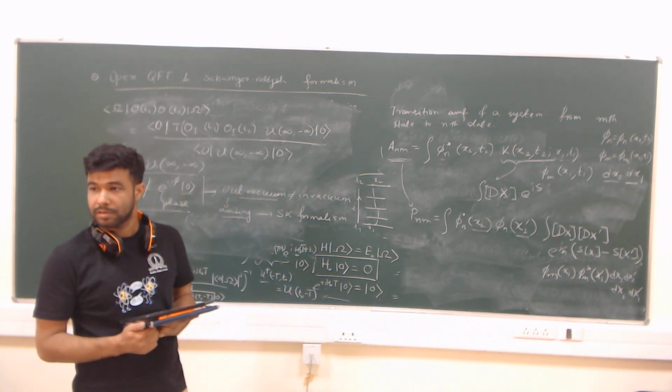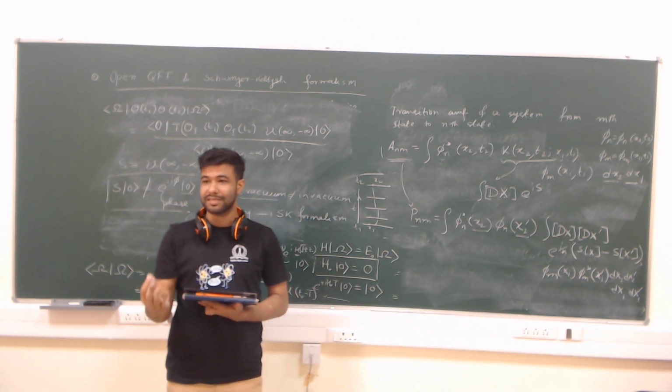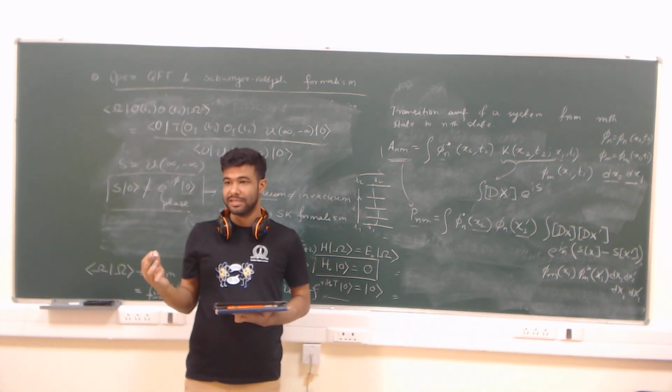PNM is the probability. Transition amplitudes are just psi things, right?